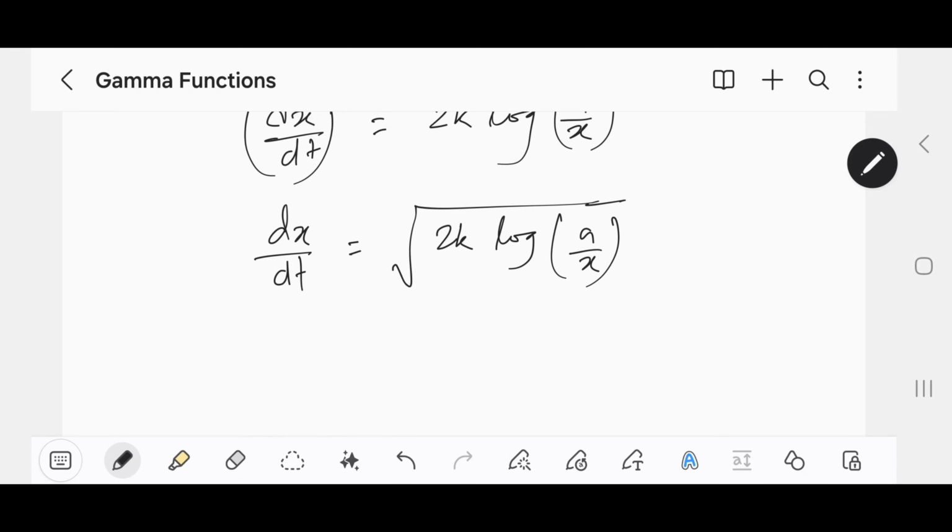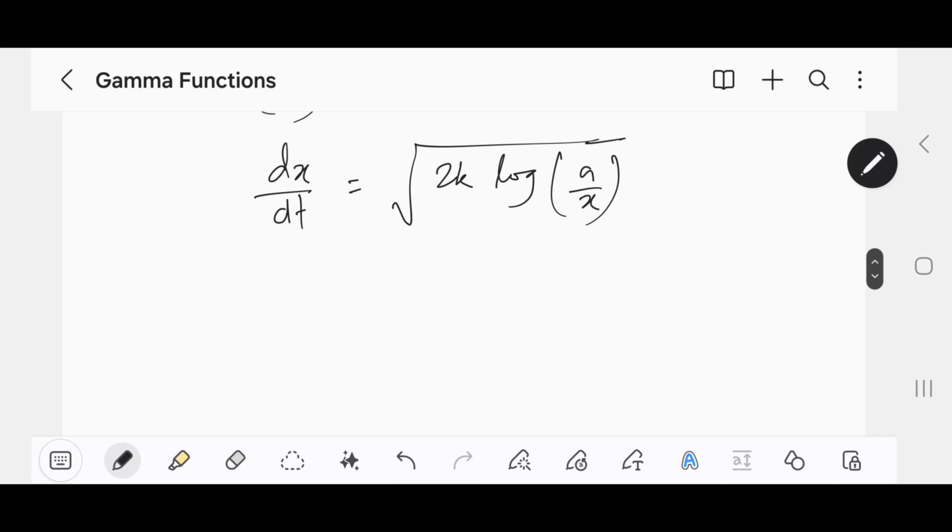Now again, let's rearrange here since we need to find out the total time, or the time required.